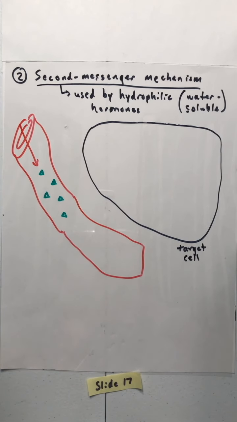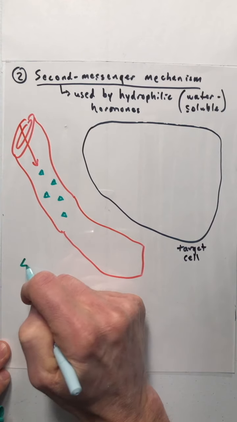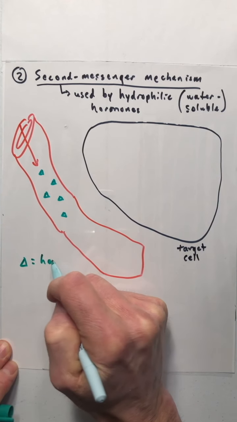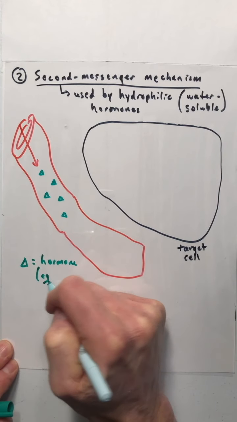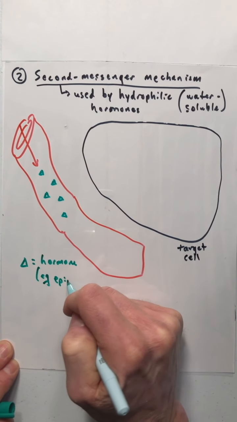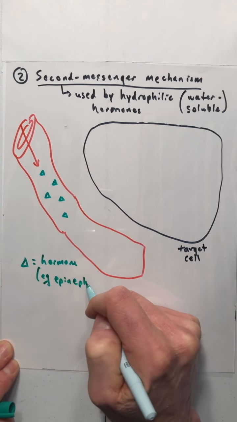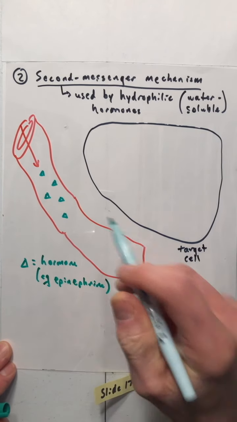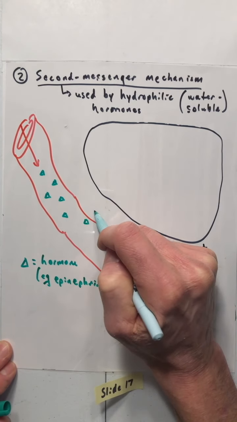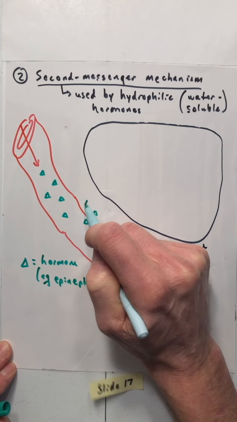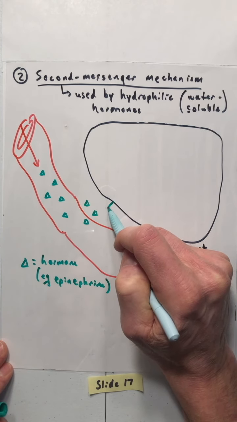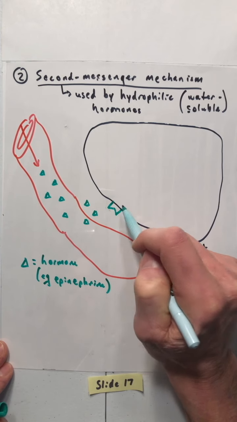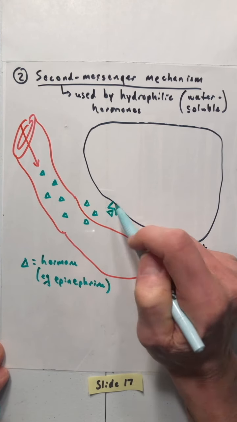So what happens? This hormone that I'm drawing as a green triangle, again, one example might be epinephrine, but there are several other examples of hormones that work in this way. But here comes epinephrine, goes through the wall of the capillary, approaches the receptor on the surface of this target tissue and binds to that receptor.